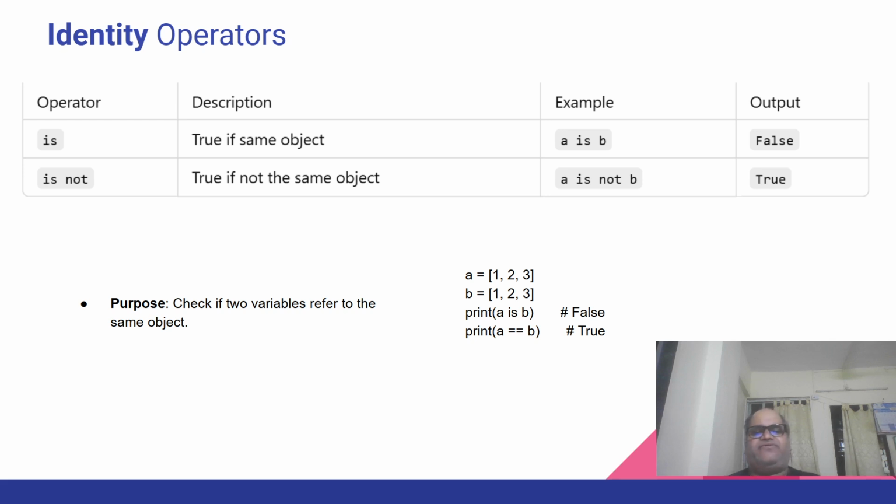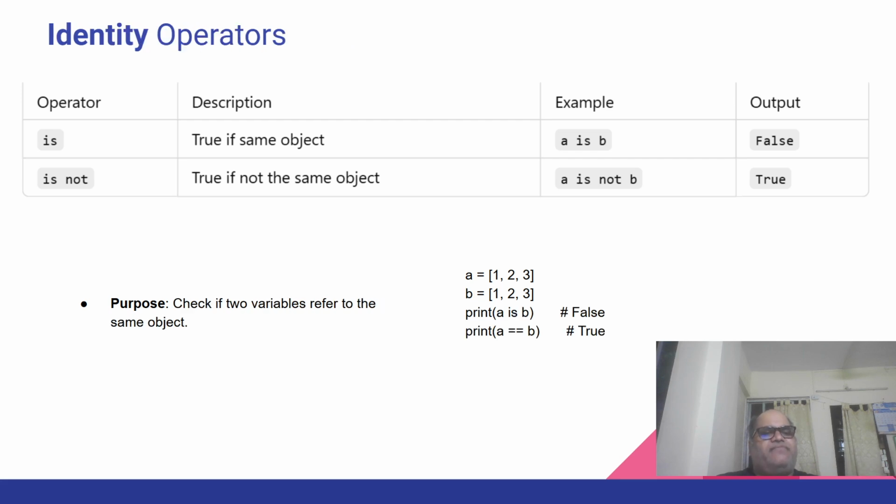So, is and is not: A is B, A is not B. Say A is [1, 2, 3], B is [1, 2, 3], and if you test A is B, since they are not pointing to the same memory or same object, this will be false. Whereas A is equal to B is true because both have similar values. So you have these variations, is and is not, that you can use for identity operators.